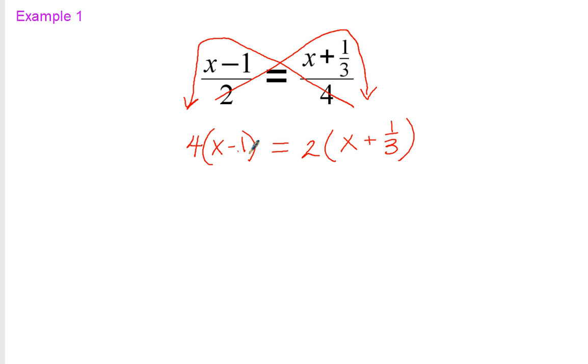Okay, now we can just go ahead and distribute and solve. So we have 4 times x, 4x, 4 times negative 1, negative 4. And then the second side, 2 times x is 2x, and 2 times 1/3 is 2/3.